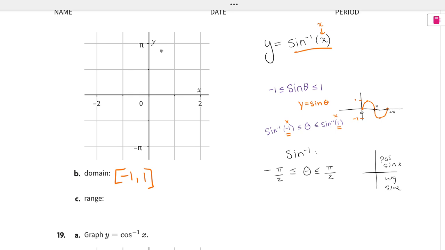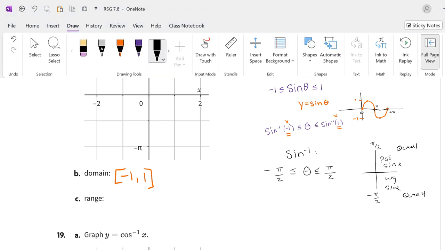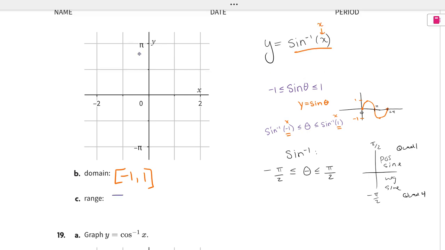Negative pi over 2 and pi over 2. It's going to give us an answer in quadrant 1 or quadrant 4, right? So it's always going to give us an answer between those. So our range is negative pi over 2 to positive pi over 2.